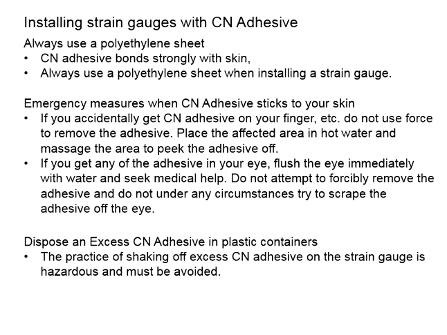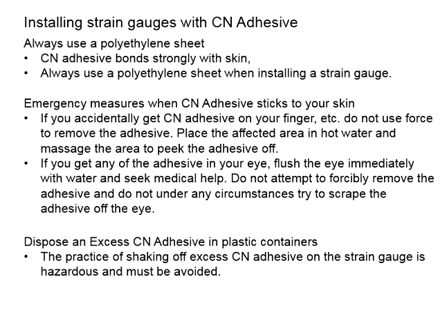Next, the disposal of this CN adhesive. When there is an excess of CN adhesive, you need to dispose of it in a plastic container. The practice of shaking off the excess CN adhesive on the strain gauge can be hazardous and must be avoided.